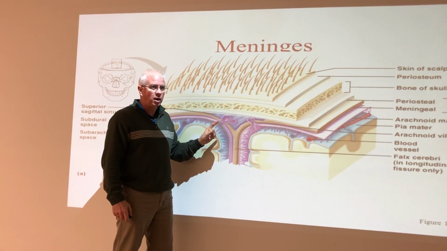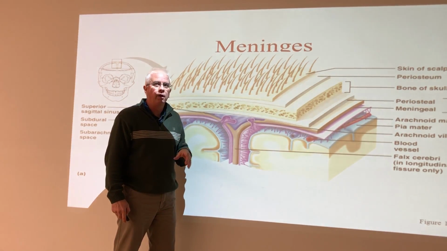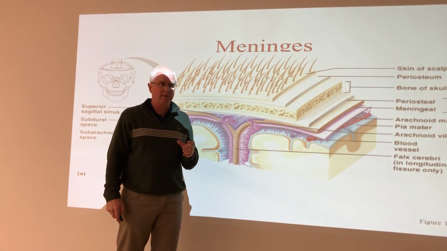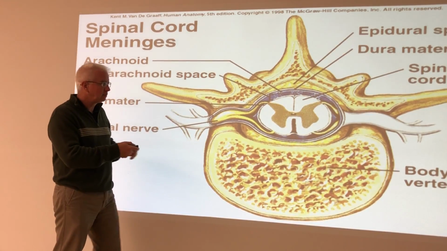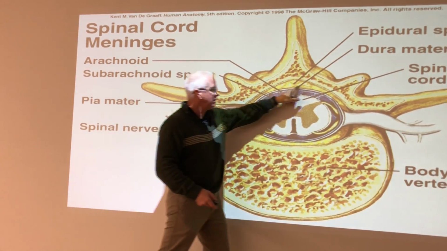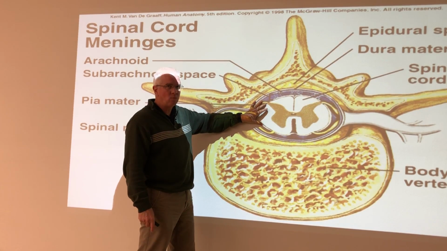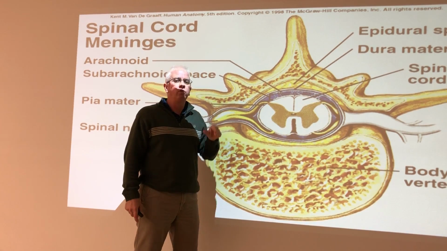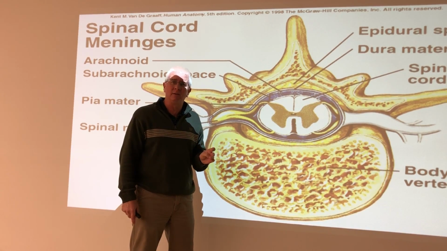Now, before we leave the dura mater, it should be pointed out that in the spinal cord, this arrangement is different. So this picture shows you the dura mater of the spinal cord. And you can see how this dura actually covers the spinal cord in much the same way that we saw in the brain, with one major anatomical difference that you should see here.